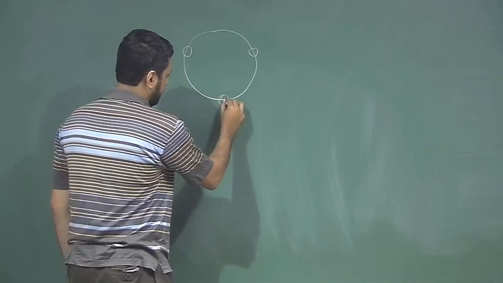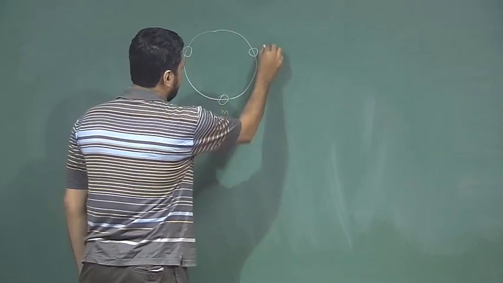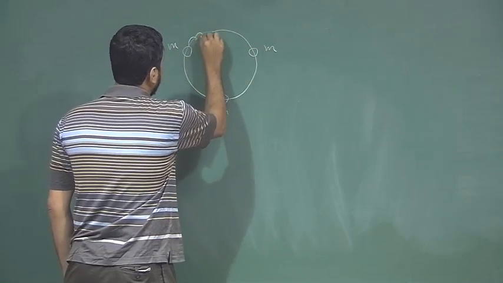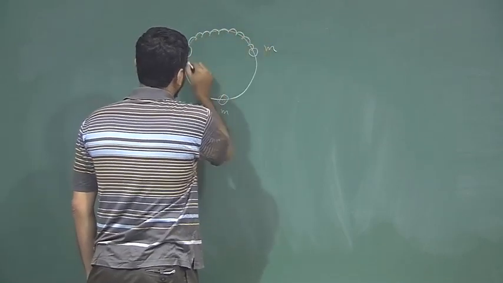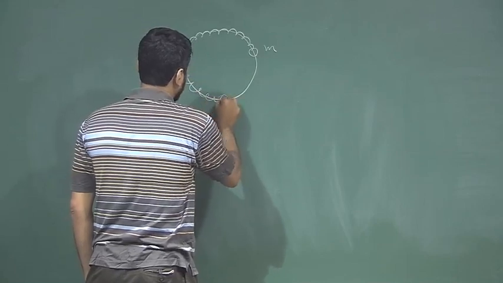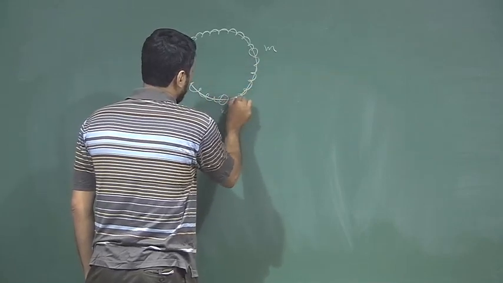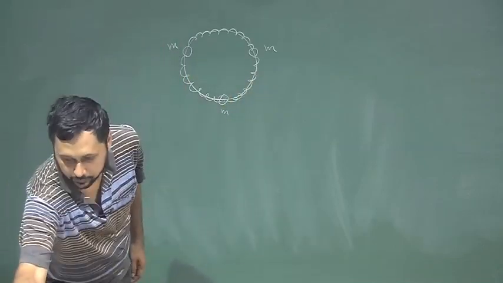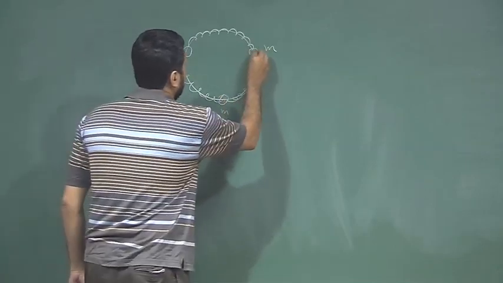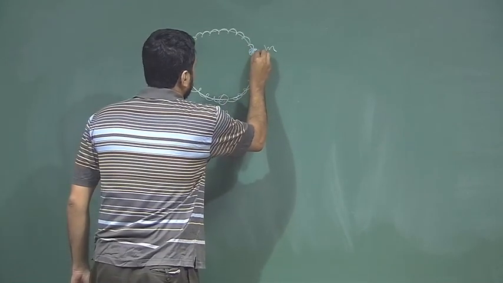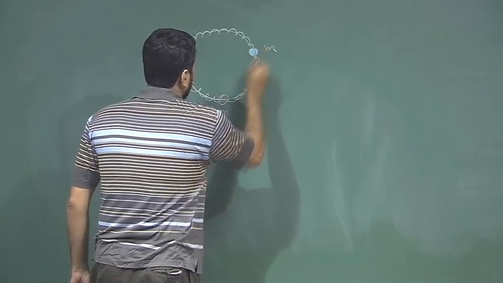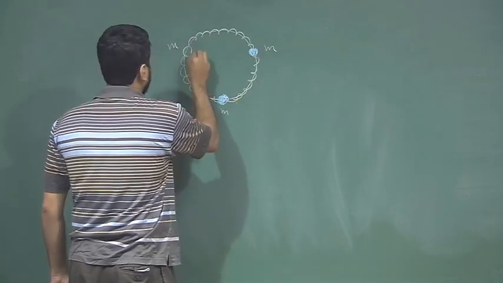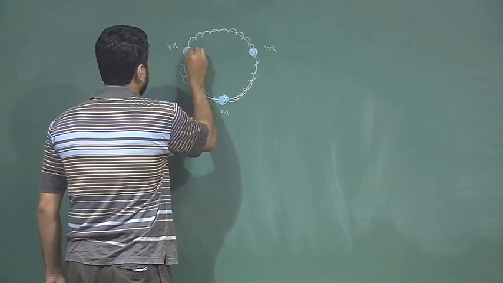These are beads of equal mass m, and they are connected by springs of equal spring constant. So, what I will do is mark them so that it is easy for you to see. These are the beads we are talking about.